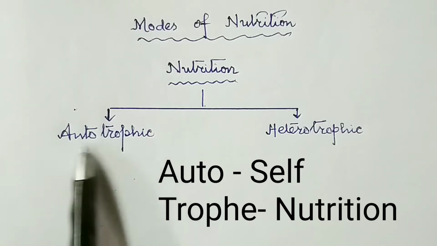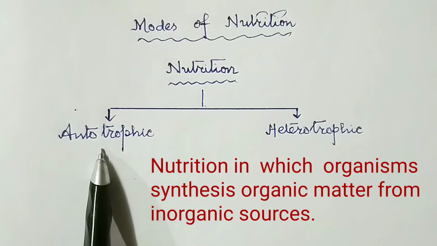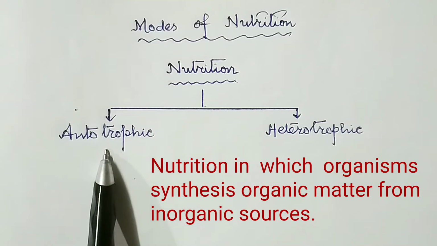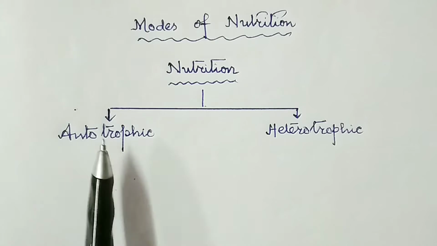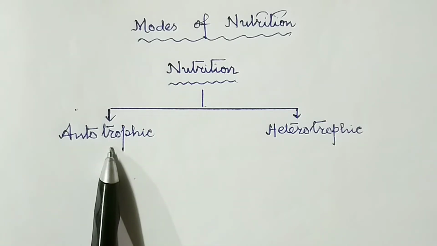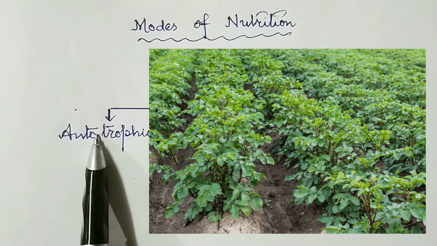Autotrophic nutrition is a type of nutrition in which organisms synthesize their food from inorganic sources like carbon dioxide, water and minerals. The autotrophic organisms or autotrophs are self-nourishing. They are also called producers because they produce food for other organisms. All green plants and some bacteria fall in this category.